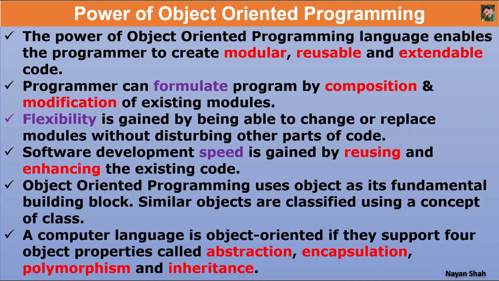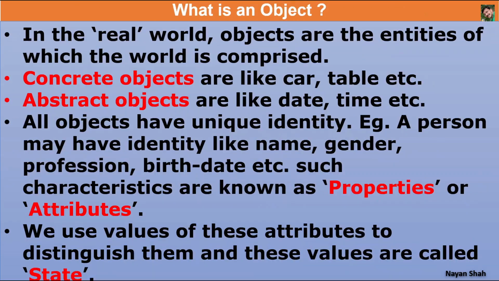It can be composed and modified easily with the existing modules. Flexibility is there, speed is there, and all of this applies if the object-oriented language supports abstraction, encapsulation, polymorphism and inheritance.